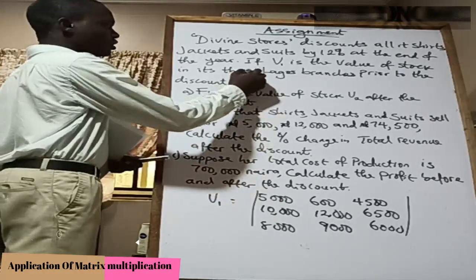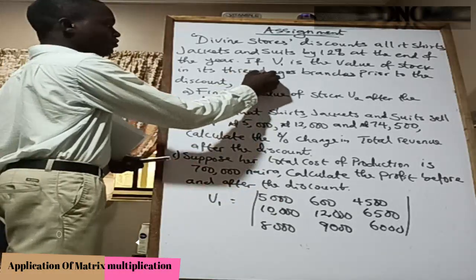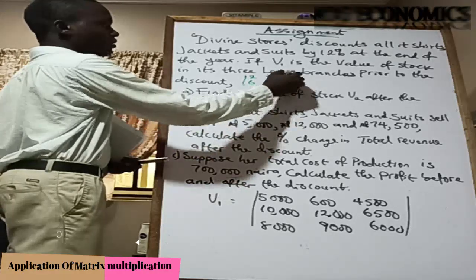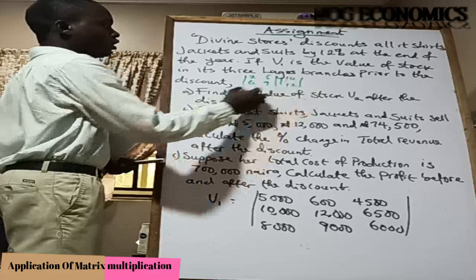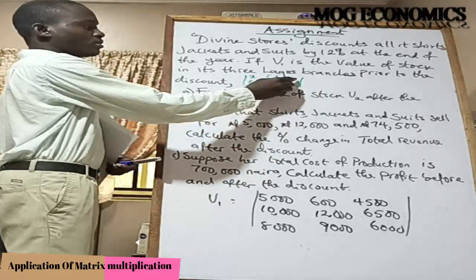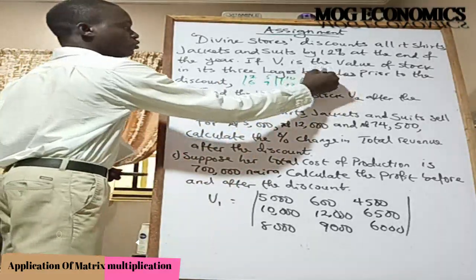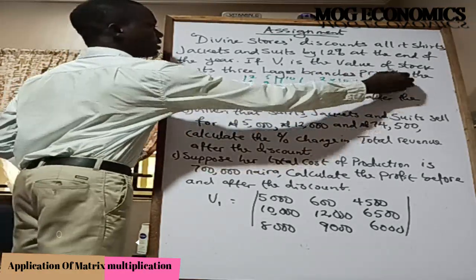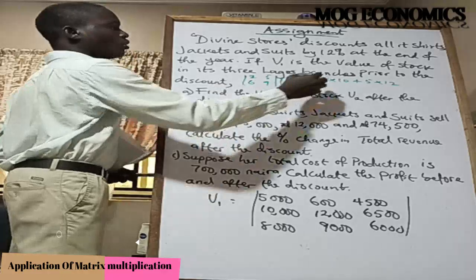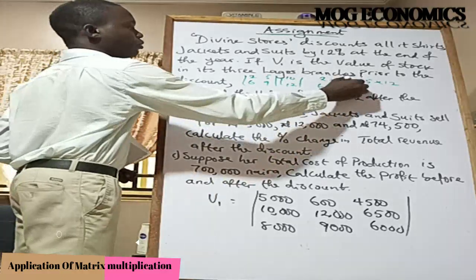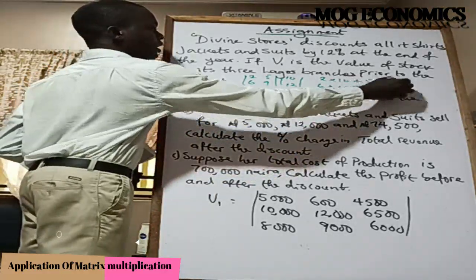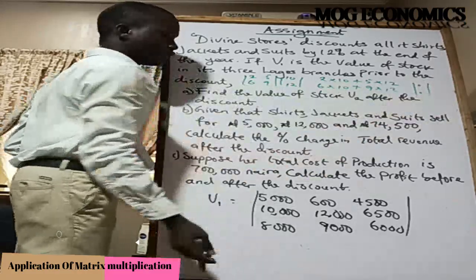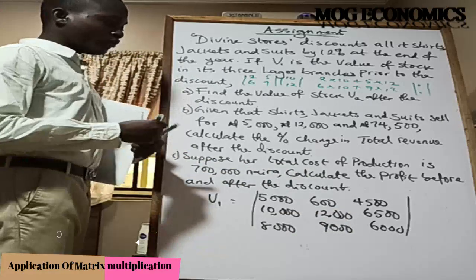If you have 2, 5 and 6, 9, and let's say I'm multiplying by 10 and 12, we are going to have 2 multiplied by 10 plus 5 multiplied by 12, and the answer stays on its own. For the second one, 6 multiplied by 10 plus 9 multiplied by 12. So you'll have two answers, one here and one here. At the end of the day, you'll have three different answers for the three stores.